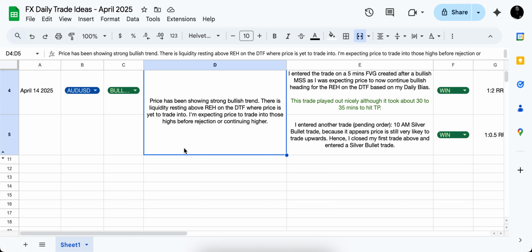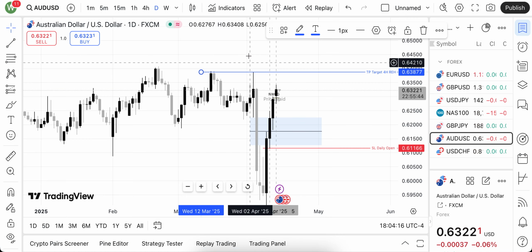If I switch quickly to my journal for today, I'll just focus on what matters here. I came into the trade on Monday, April 14th, and what I saw was that price has been showing a strong bullish trend. There is liquidity resting above relatively equal highs on the daily time frame, which price is yet to trade into, so we're expecting price to trade into this area.